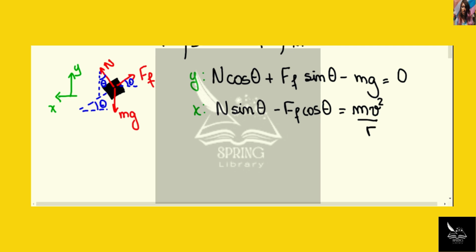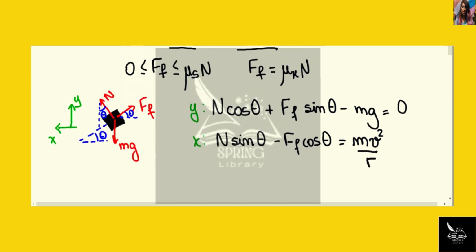So what we need to do now, first of all, is to notice that if we're looking for the smallest value of v, then we're actually looking for the greatest value of the frictional force.